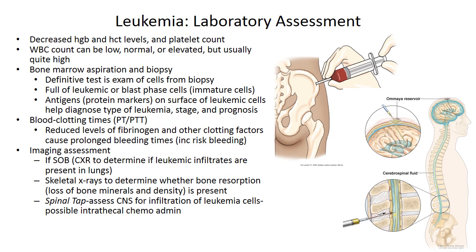We can actually insert intrathecal chemo through this. The Ommaya reservoir is what you would look for, and we can insert this intrathecal chemo through that area in order to treat leukemia.